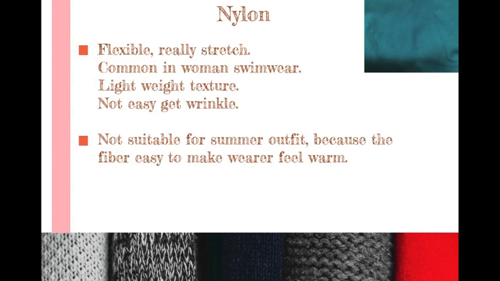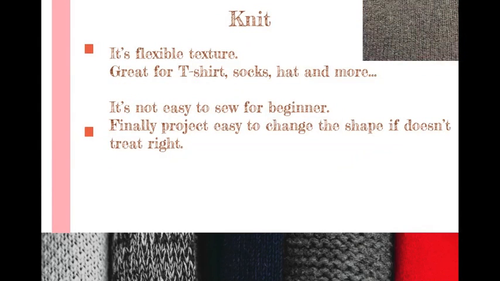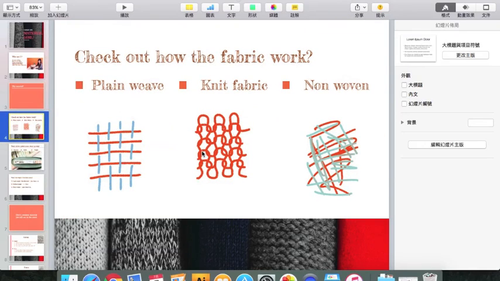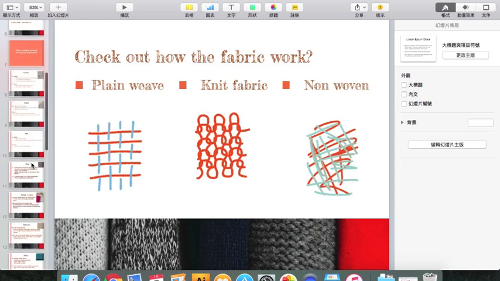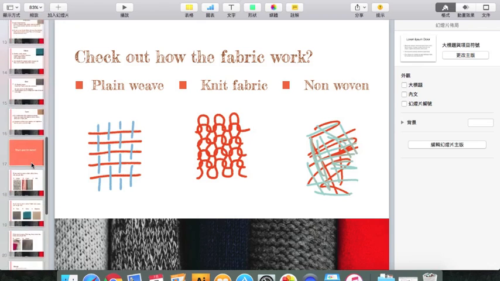Then, talking about the next one, knit. It's a flexible fiber texture, and I'll actually show you guys at the beginning of this one. Knit fabric is like little tiny circles hooked together, which gives it a flexible, stretchy texture.